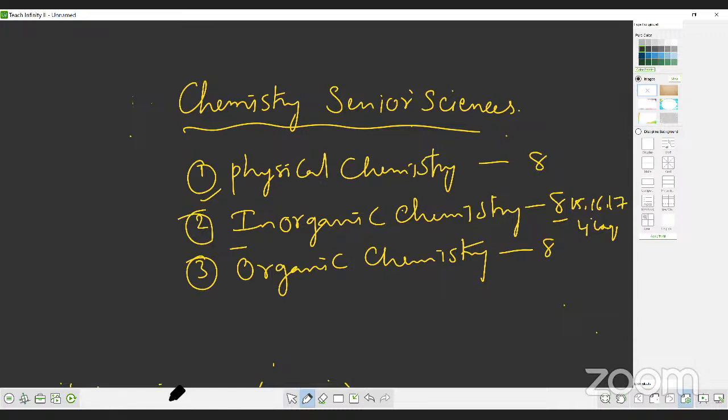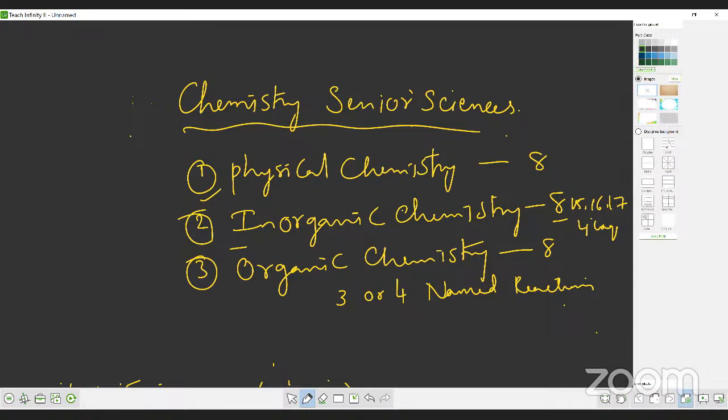Now coming to organic chemistry, here you get either 3 or 4 named reactions. For example, the Reimer-Tiemann reaction, which is very important, Williamson's, and decarboxylation are the most important reactions.